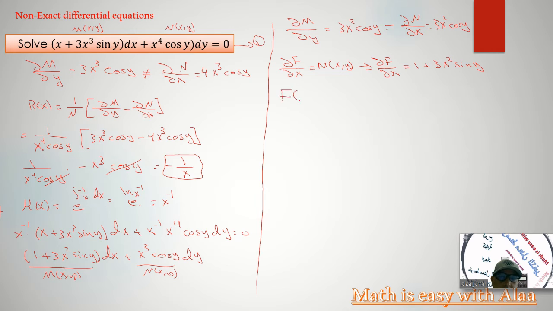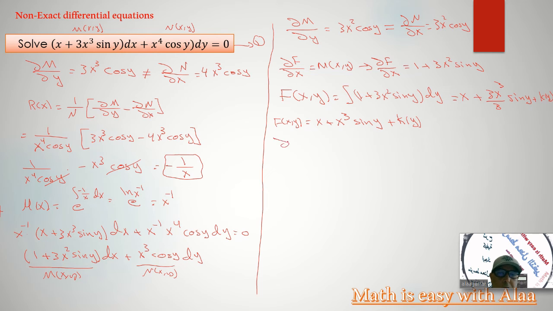Now integrate both sides: f(x,y) equals the integral of 1 plus 3x² sin y dx, and it will be x plus 3x² sin y, where sin y is a constant, so 3x³ over 3 sin y, plus the constant, which will be a function of y. So f(x,y) equals x plus x³ sin y plus k(y).